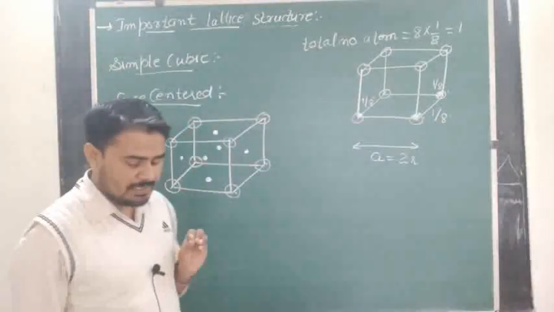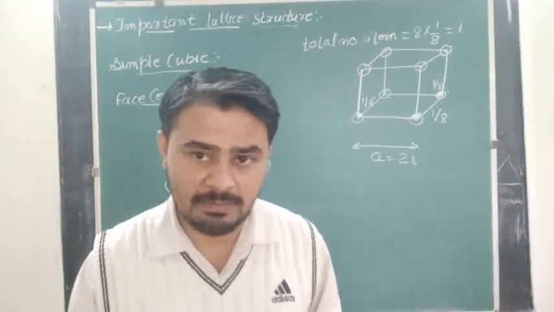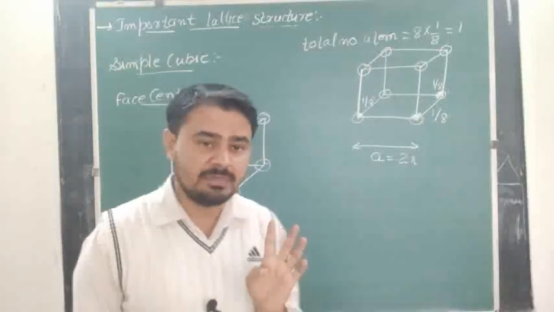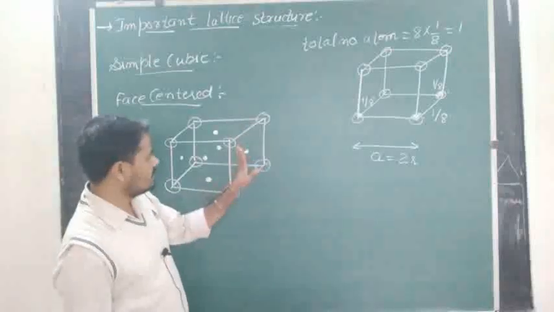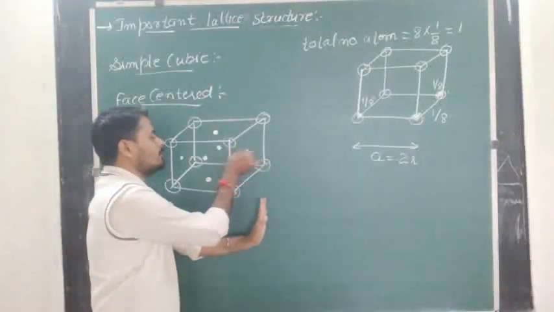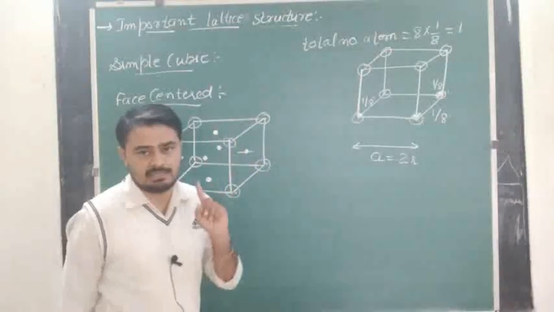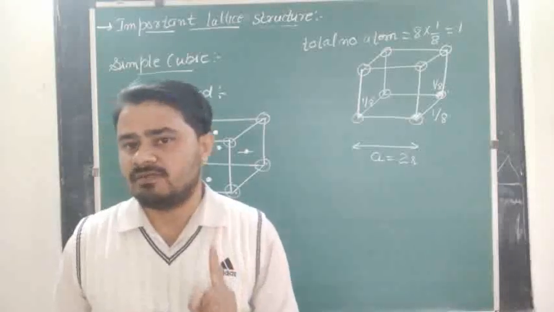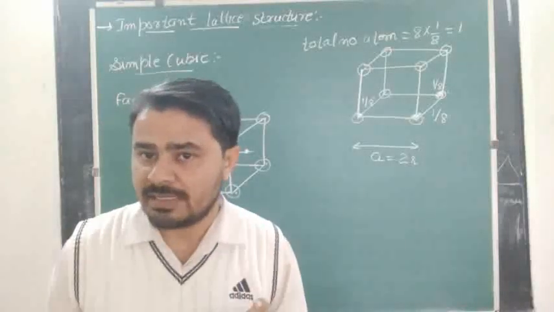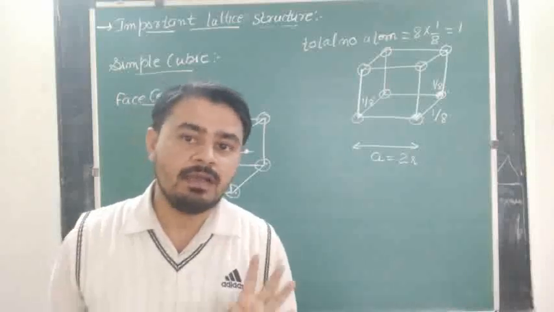Clear? Now, the contribution of the face-centered atom will be half. That means this face is further shared by 2 unit cells. That's why the contribution of the atoms present at the center of each face will be half.